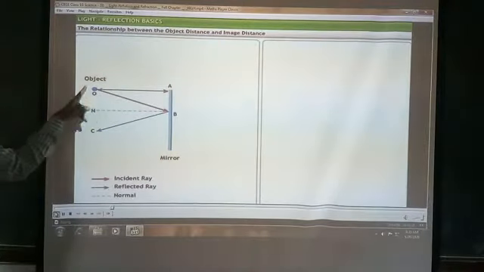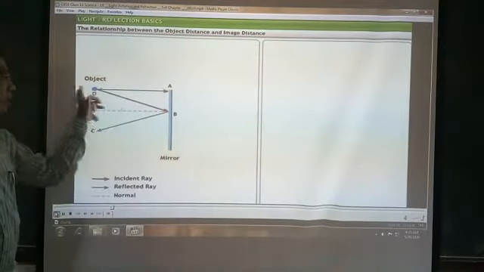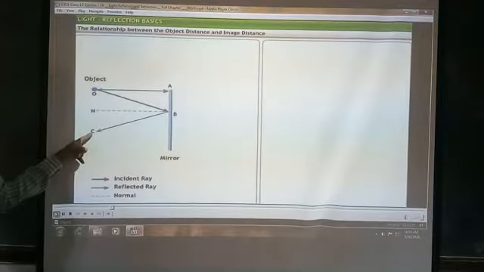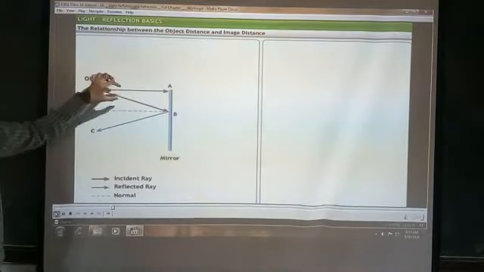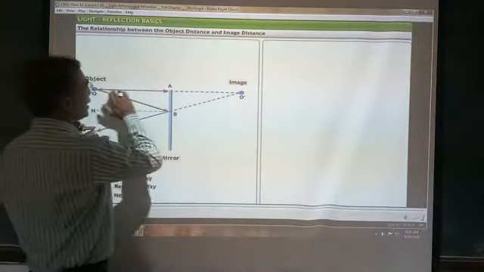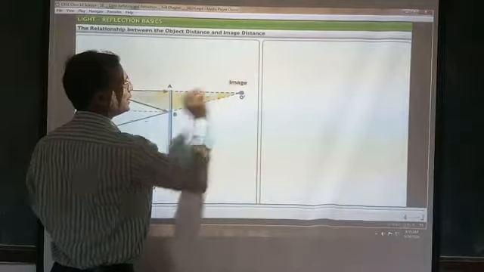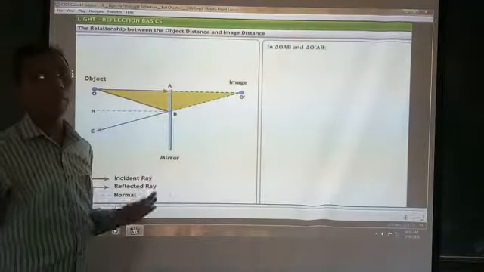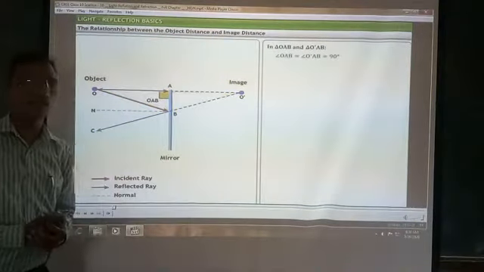So here these are the incident ray, the reflected ray and the normal, and they obey the laws of reflection. This will be extended, and the image will be obtained inside the mirror, where O dash is the image.